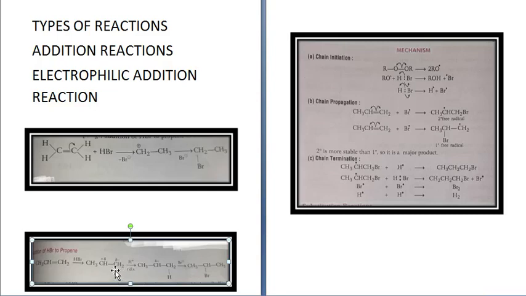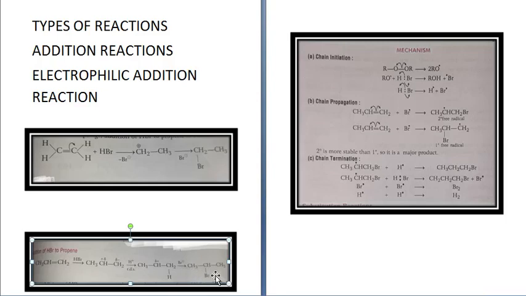Now when it reacts with H plus ion, obviously H plus will combine with the carbon having delta negative charge, so it becomes CH3 CH CH3, and this C has delta positive charge, so this will combine with bromide ion and it will form CH3 CH Br CH3.